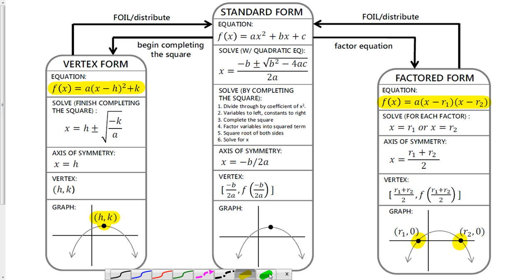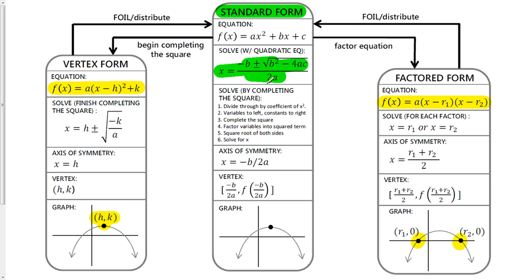The benefit to standard form is that you can do either using a fairly straightforward equation that can help you out. So you'll use either the quadratic formula or the x equals negative b over 2a to do most of the heavy lifting for finding either solutions or the vertex, depending on which one you're looking for.